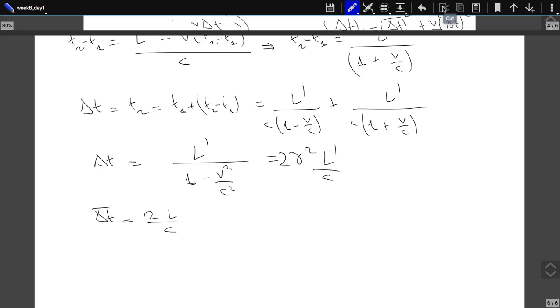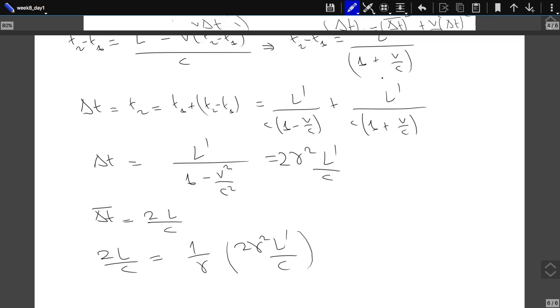Delta t bar should be larger than delta t, right? Well, that doesn't really tell us much. The result should be 2L over c equal to 1 over gamma times 2 gamma squared L prime over c.